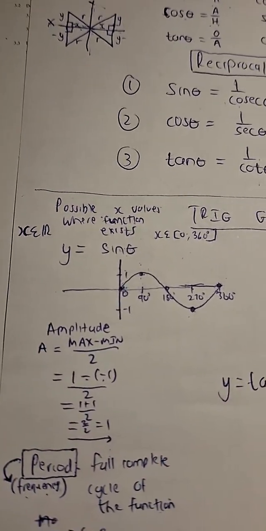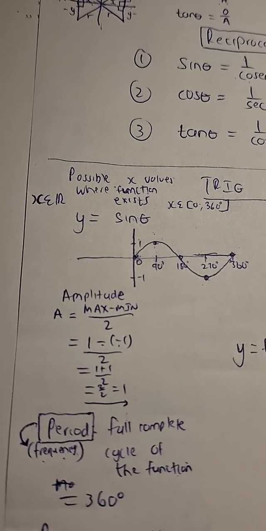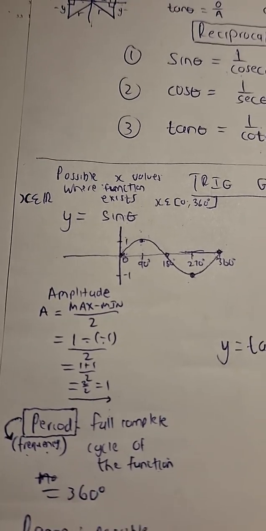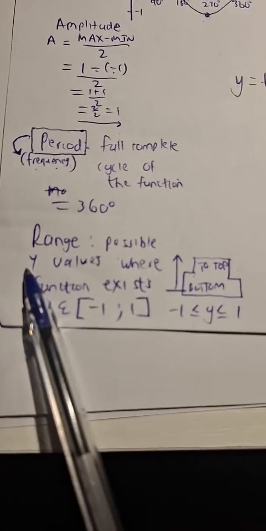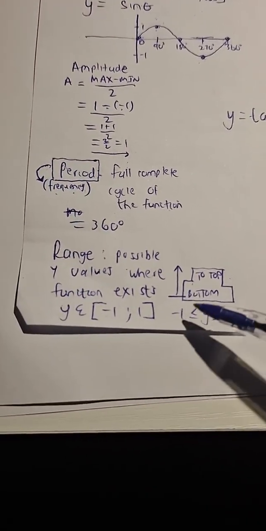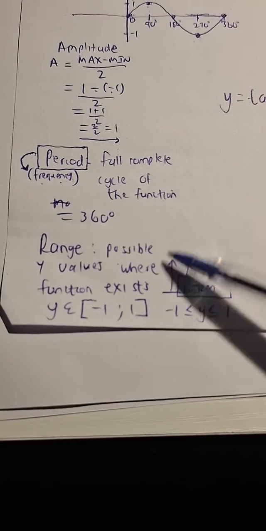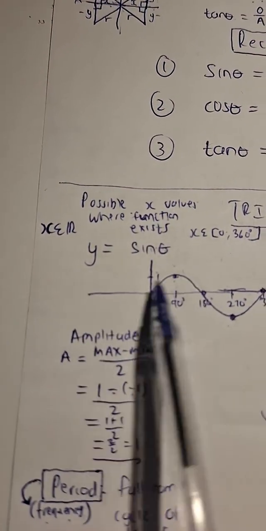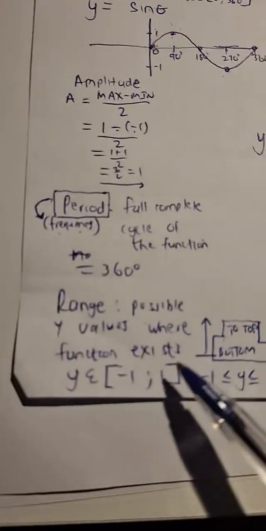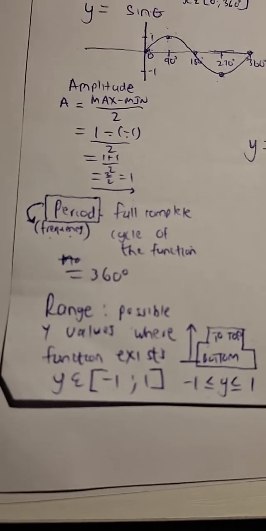So domain is possible x values and we read it from left to right, whereas range is possible y values. We read it from the bottom to the top. Range: y values, y-axis; domain: x values, x-axis, left to right, whereas range is y values from the bottom to the top.